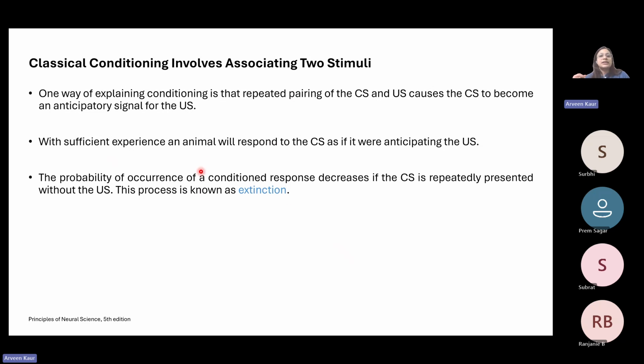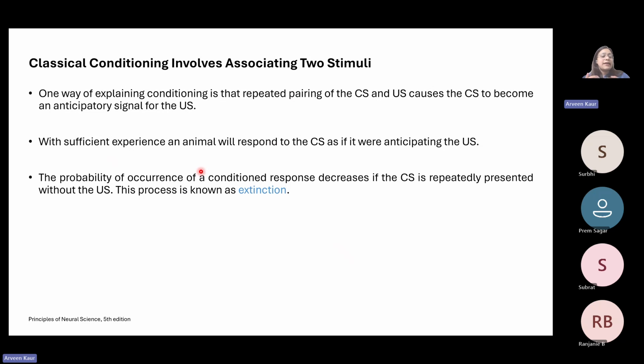So, if every time again, Pavlov would come and ring the bell and not give the dog the meal, eventually the dog will stop responding to or stop salivating to just the ringing bell, right? So there would be an uncoupling or unconditioning that would happen, and this process would be known as extinction.